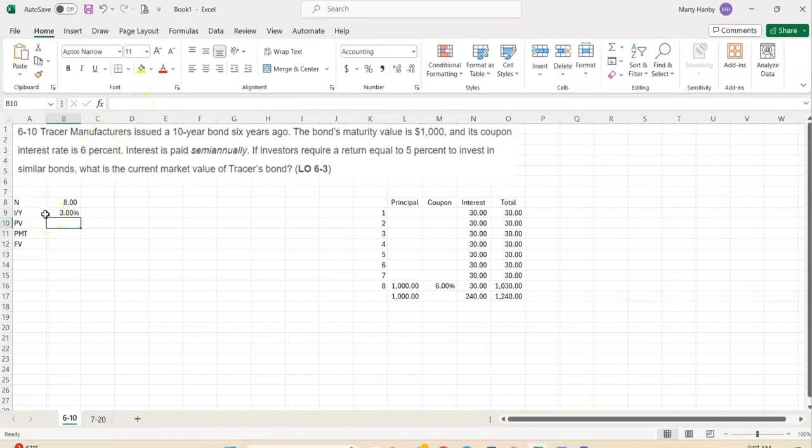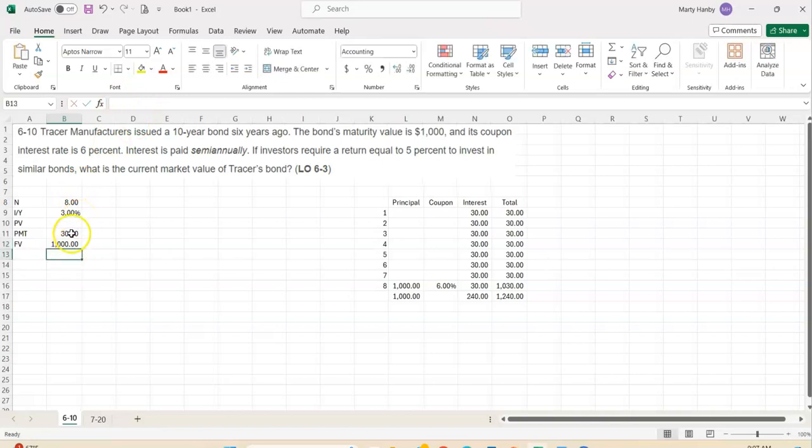So we're calculating PV. If we were doing this in a calculator, we would compute PV. Our payment is 1,000 times 0.06, the coupon rate, divided by 2. And the FV is the 1,000.